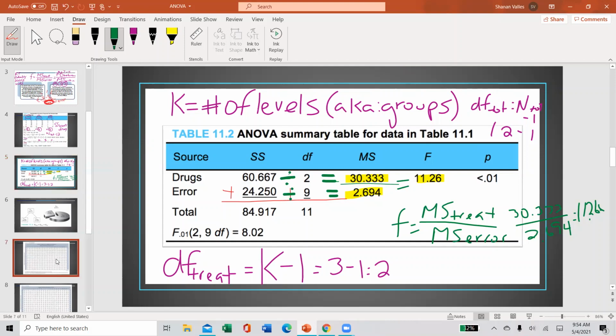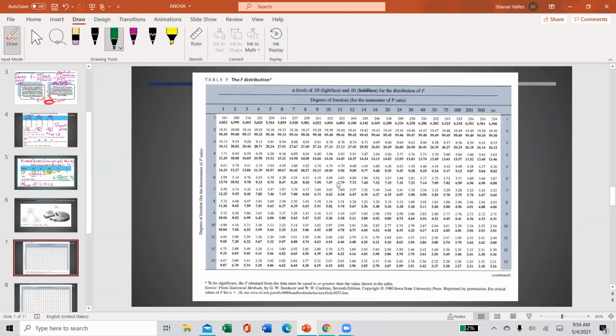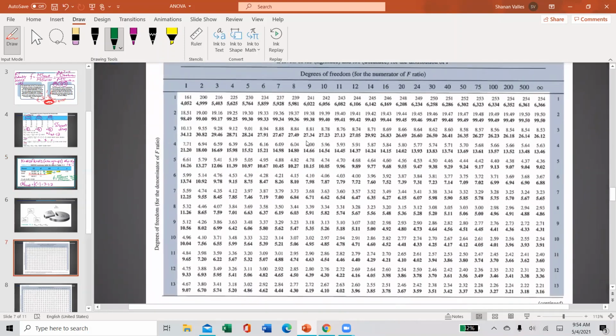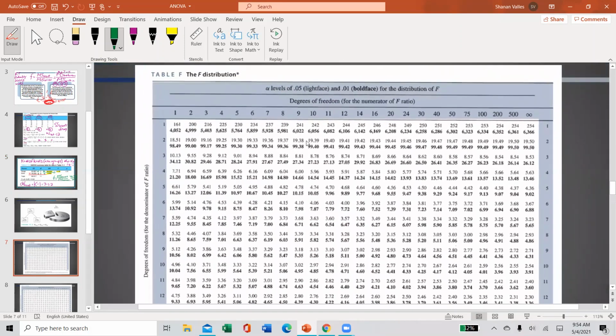So I'm going to show you now how to work this table. I'll try and make it a little bigger here. Okay. These are the alpha levels of 0.05 and 0.01. The F distribution doesn't have all of those other alpha levels like we had in the T. Remember in the T, there was 0.1, 0.5, 0.025, 0.05, 0.01, right?